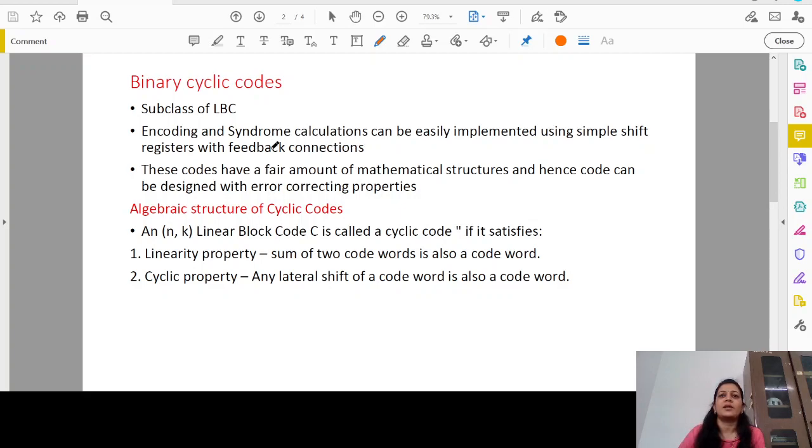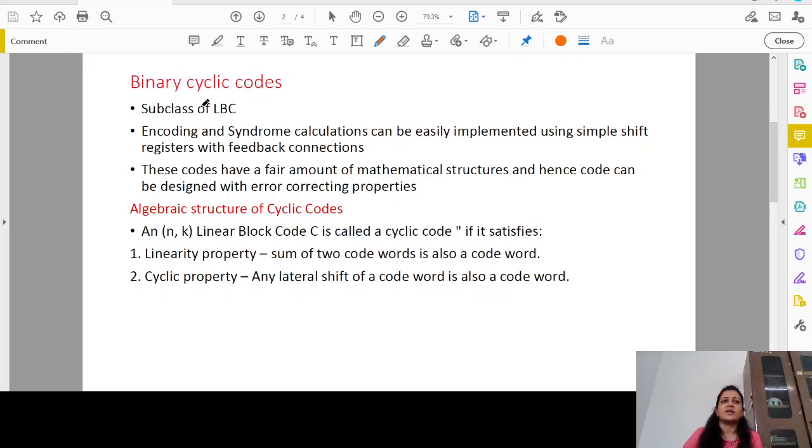Therefore, the hardware implementation part is quite easy because it involves simply the shift registers and some feedback connection. And these codes will have a fair amount of mathematical structure and hence they can be designed with error correcting properties also.